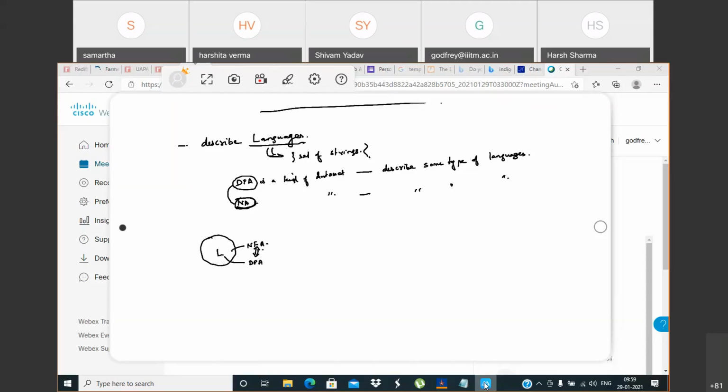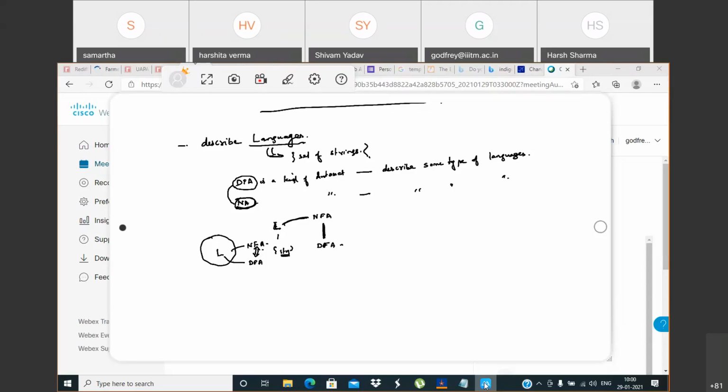So I have a language, and I have an NFA for this language. Now I can always have a DFA for that language. Language is basically a set of strings, and this set of strings is defined by this NFA. Then surely I can convert this NFA into a DFA also.